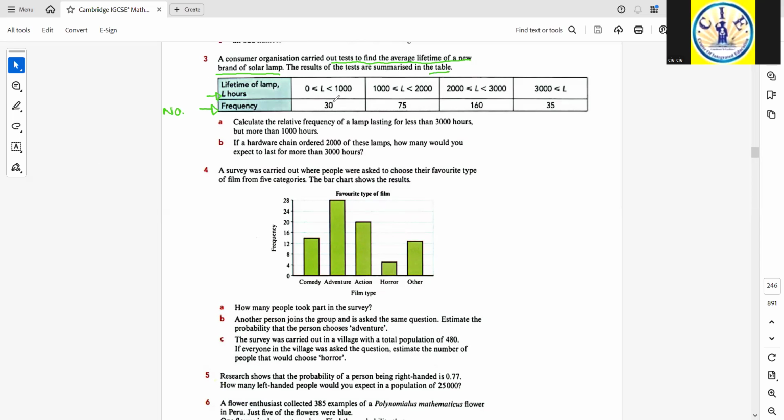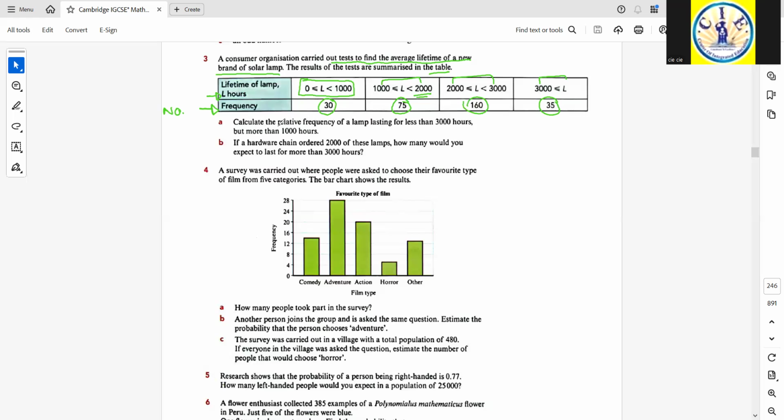There were 30 bulbs whose lifespan was within the first 1,000 hours, and there were 75 lamps whose lifespan was beyond 1,000 hours but lesser than 2,000 hours. Similarly, 160 lamps were in the range 2,000 till 3,000, lesser than 3,000, and 35 lamps had a lifespan greater than or equal to 3,000 hours.